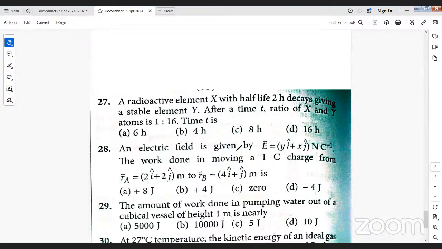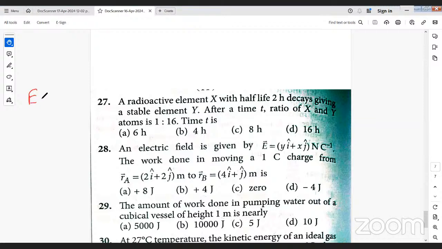An electric field is given by E is equal to y i cap plus x j cap Newton per coulomb. The work done in moving a 1 coulomb charge from rA is equal to 2 i cap plus 2 j cap meter to rB is equal to 4 i cap plus j cap meter is. Yes, see what equation they have given.